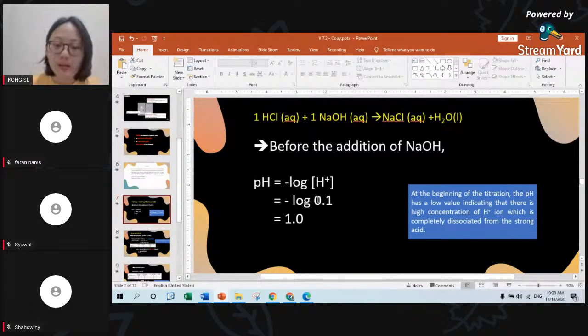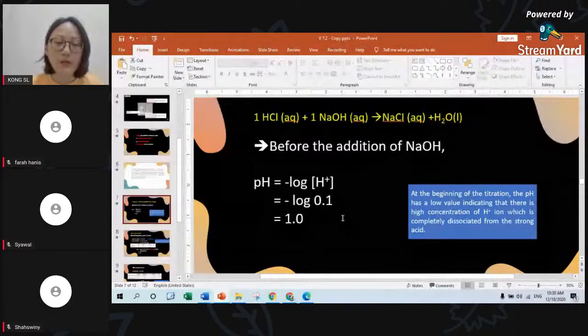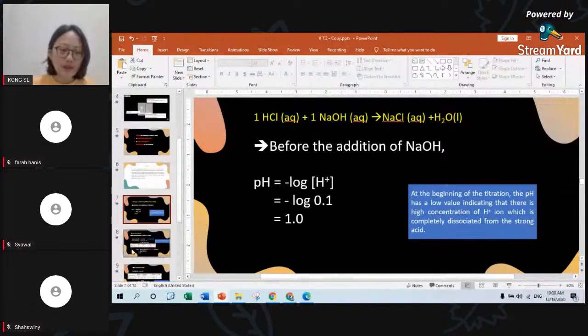That's why we can straight away take the concentration of HCl as 0.1. Okay, madam ulang sekali lagi. Semasa kira pH ataupun pOH, kita tengok H+ ataupun hydroxide, bukan tengok benda lain. pH tengok H+, pOH tengok hydroxide. Please take note. Jangan tengok benda lain.